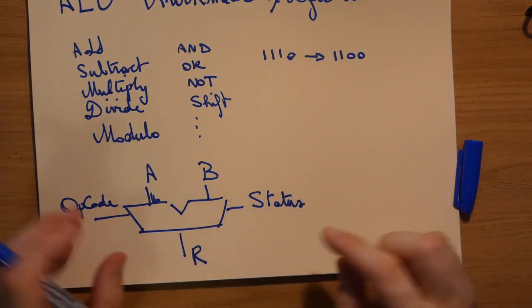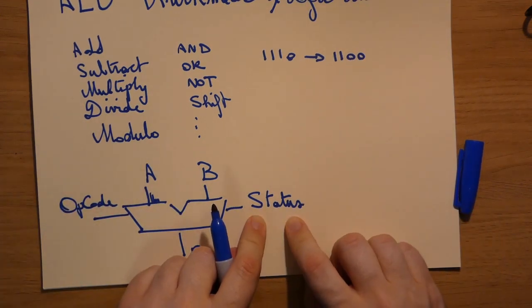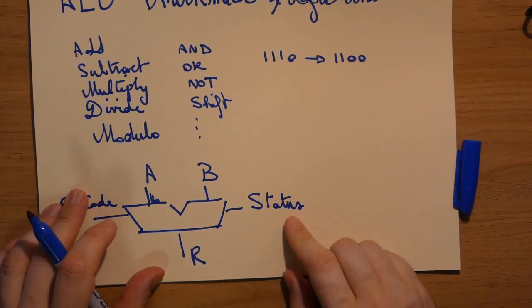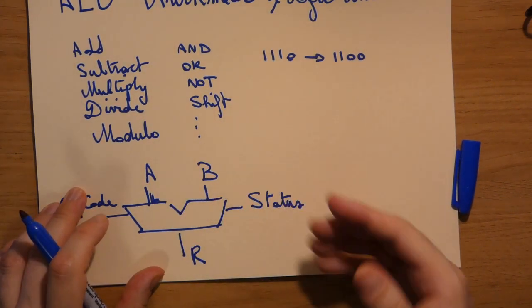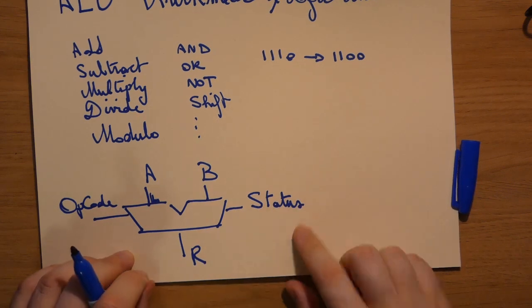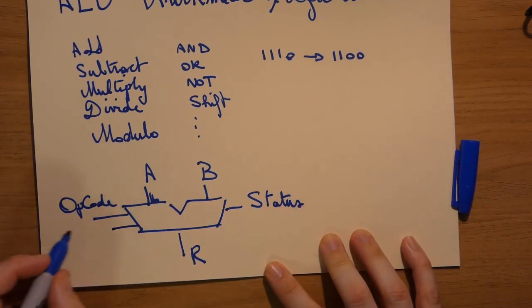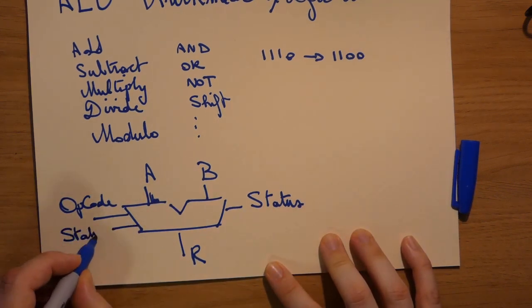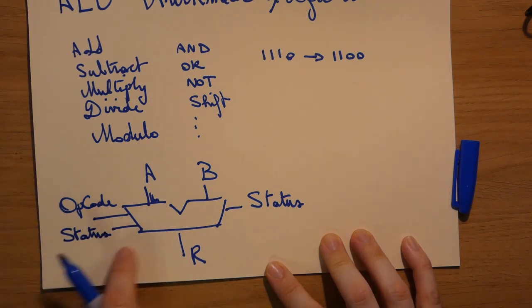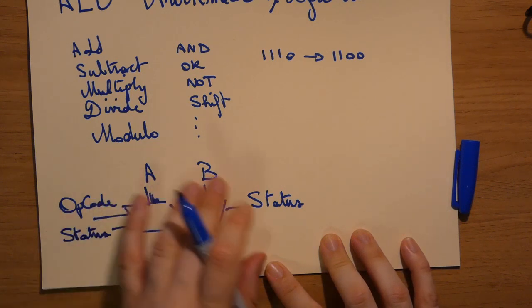Since we can subtract now, there could be underflow. There could be an error if you try to divide by 0, various things like that. And then I can give it extra information here as well, so there'll be another status here.